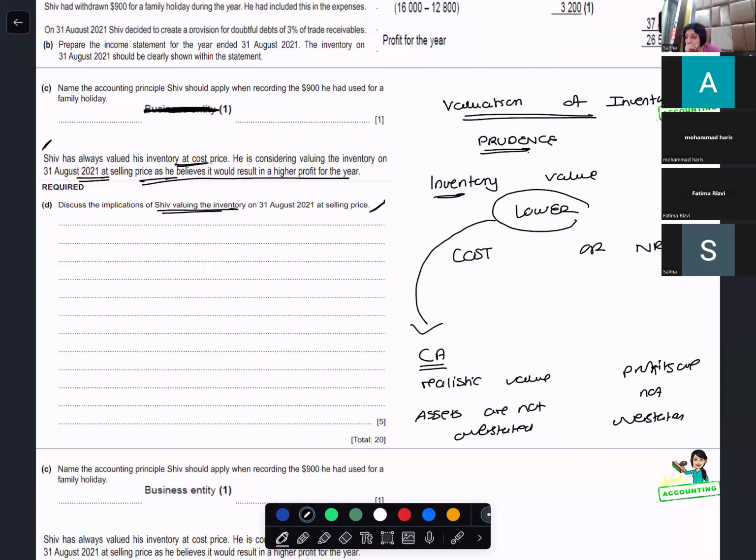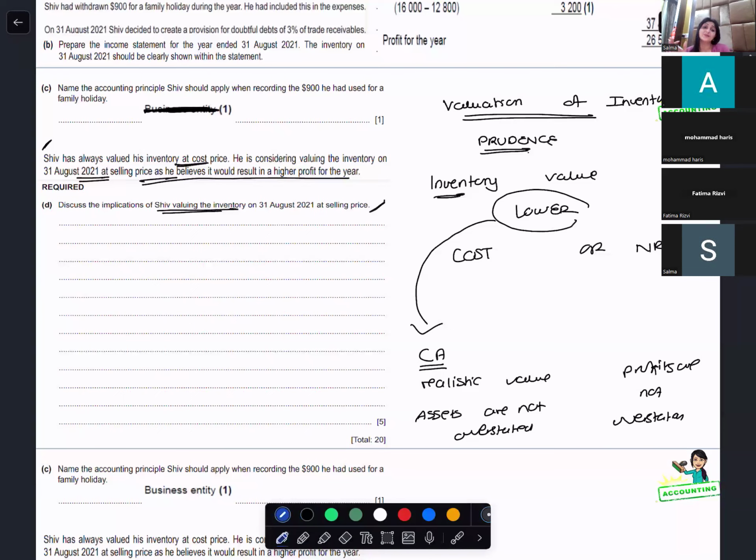Shiv has always valued his inventory at cost price. He's considering valuing the inventory on 31st August 2021 at a selling price as he believes it would result in a higher profit for the year. Discuss the implications of Shiv valuing the inventory at selling price. So first, he was valuing it at cost.